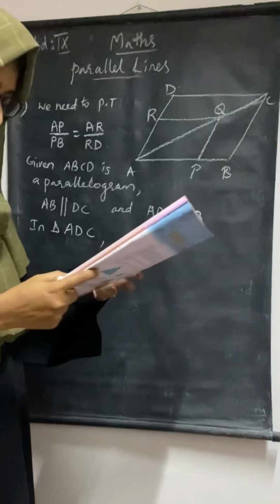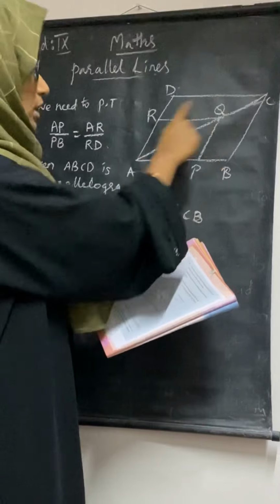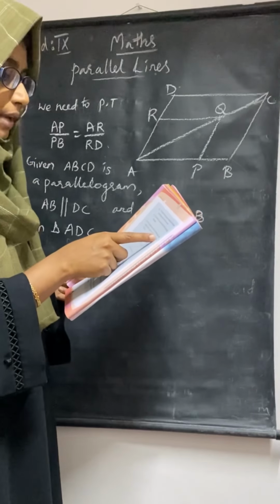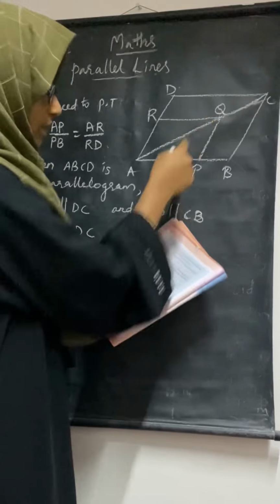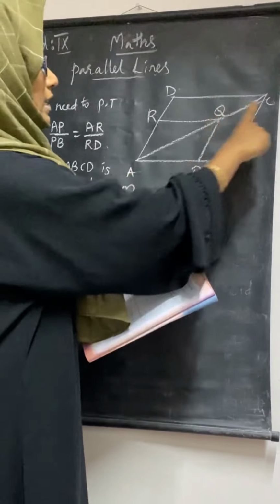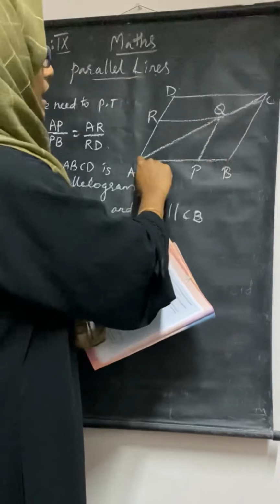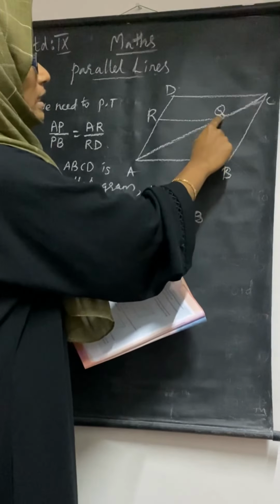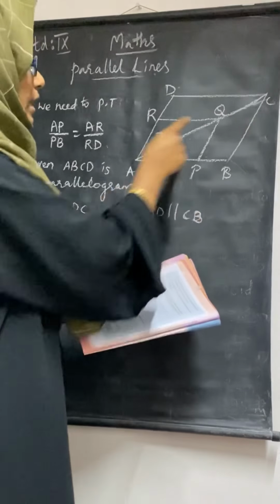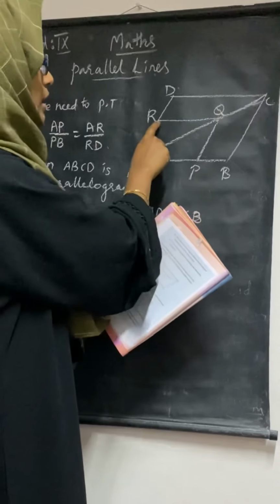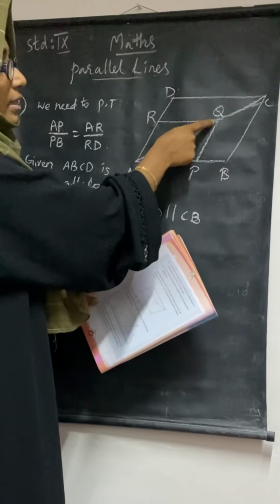We move on to the problem, page number 94, question number 3. In the parallelogram ABCD, you can see the figure. The line drawn through a point P on AB, this line PQ, is parallel to BC and meets AC at Q. So this line is meeting the line AC at Q. The line through Q parallel to AB meets AD at R. This line is meeting at R here.